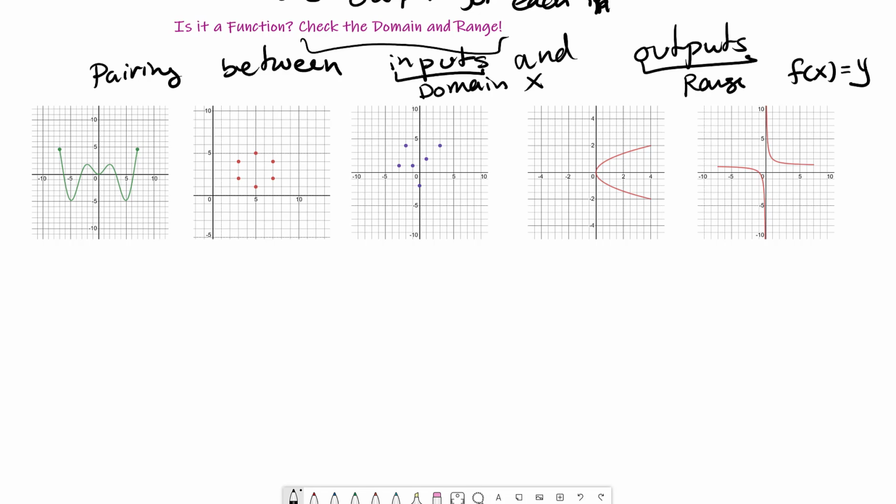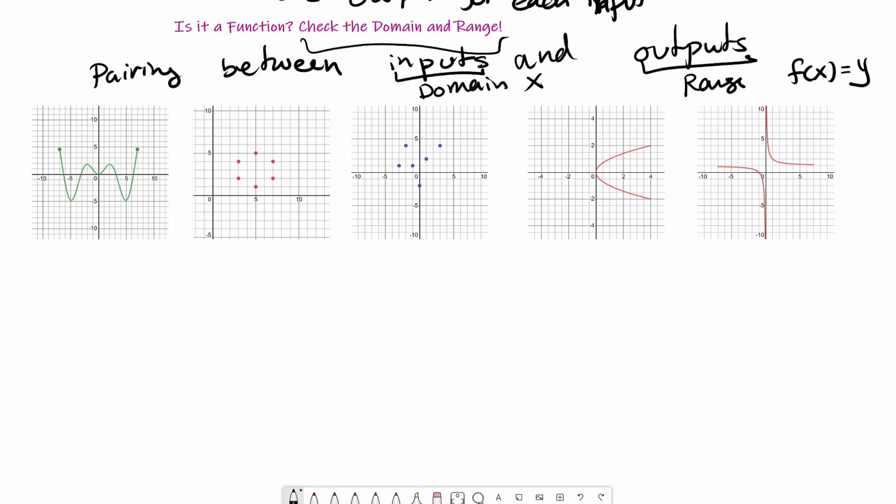And that makes sense. We want something to function in the way so that if we put in an input, we know what the output is going to be. There's no ambiguity. We can't have two different y's for the same x. And again, this is explained in detail and defined in the previous video.